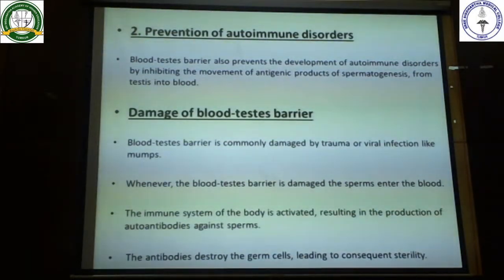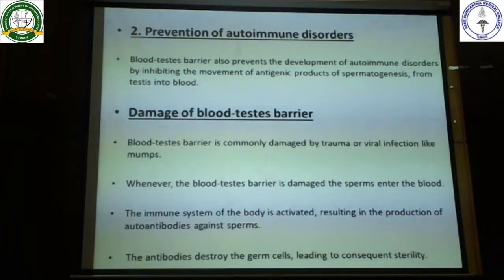So immediately the body's immune system will get activated, and you all know, once the immune system is activated in response to any foreign body which is considered an antigen, there is production of antibodies. Though sperm is a product of the same body, it is considered a foreign body by the same person's body, and hence antibodies are produced.